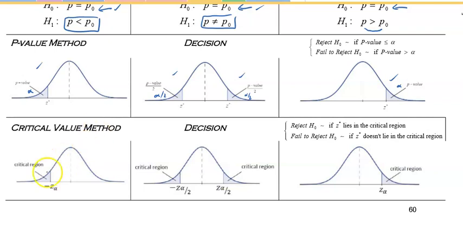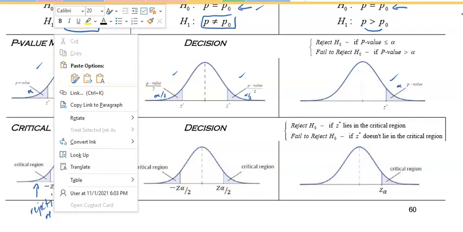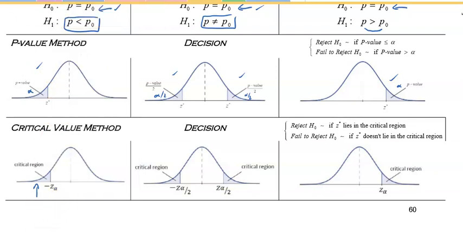So for the critical values, this is the rejection region. If my test statistic falls in there, I would reject the null hypothesis. And if my test statistic falls in there, I will fail to reject the null hypothesis. Same deal here.